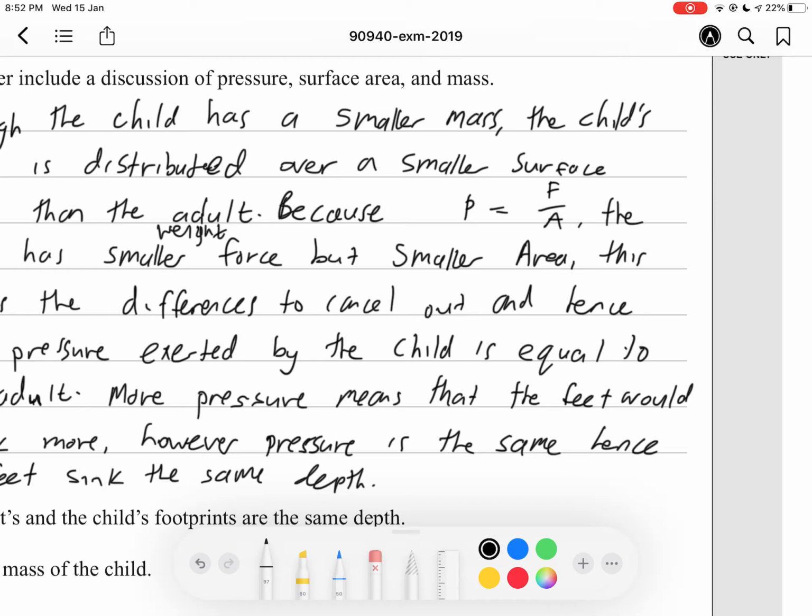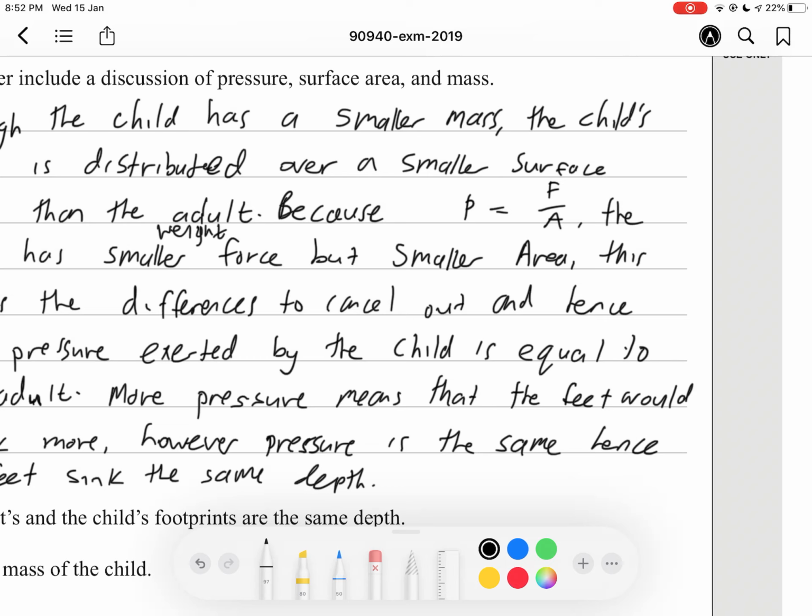From a mathematics point of view, if only the numerator decreases, then the output would also decrease. But if only the denominator decreases, then the output would increase. If they both decrease, these two differences cancel each other out, and the output remains the same.